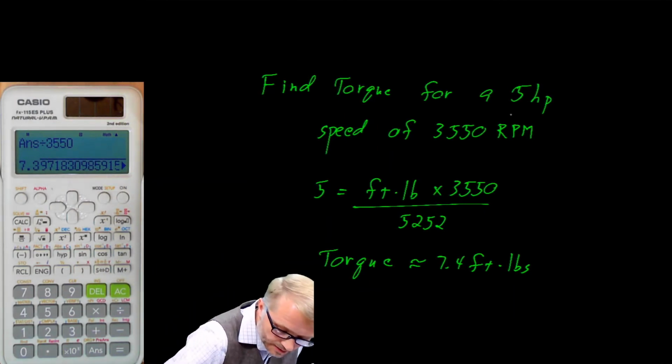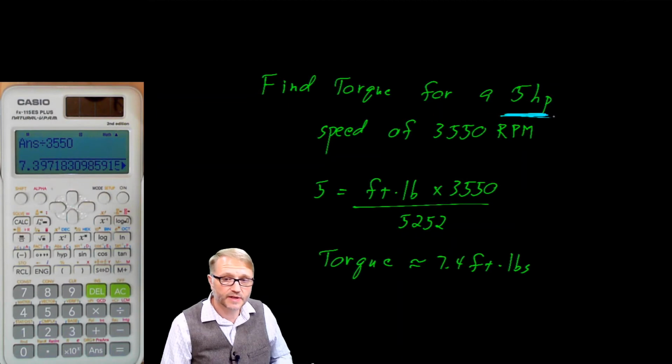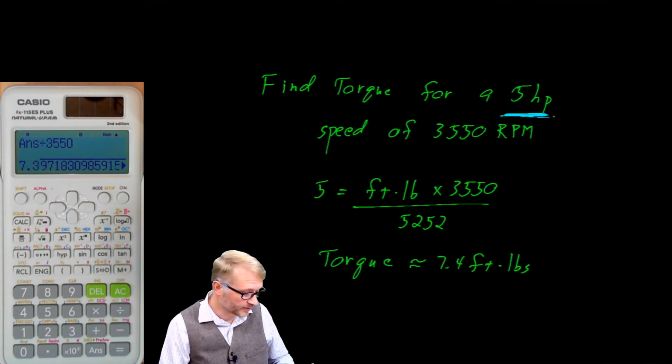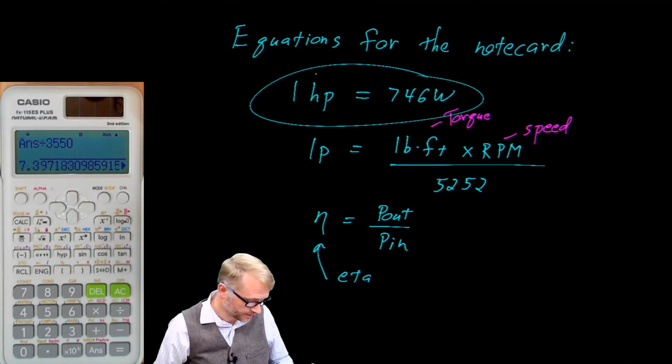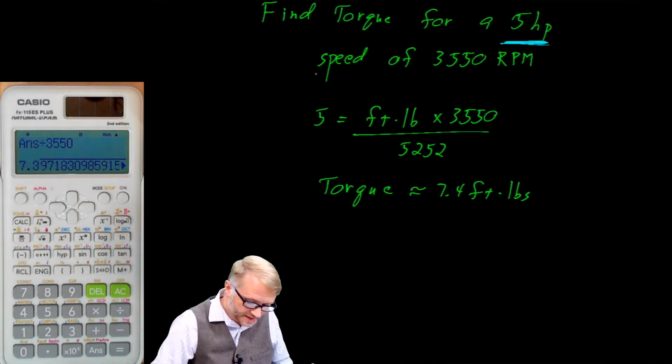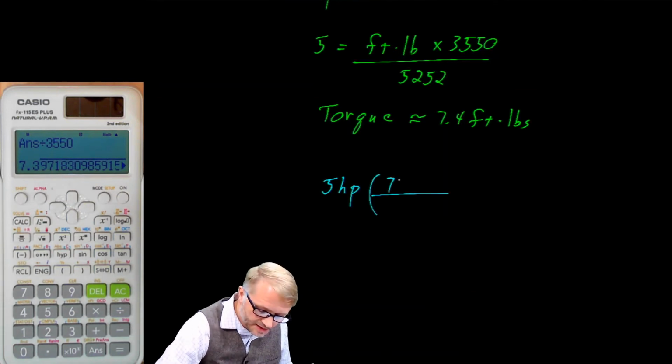So let's continue. Let's keep with our 5 horsepower motor, and let's convert that into kilowatts. So we're taking mechanical horsepower and we're converting it into kilowatts. So that one's right here. So we would say 5 horsepower. Then we're going to use dimensional analysis where there are 746 watts per 1 horsepower.